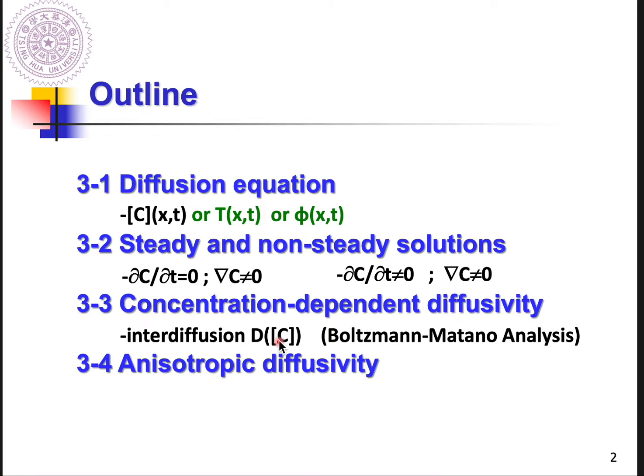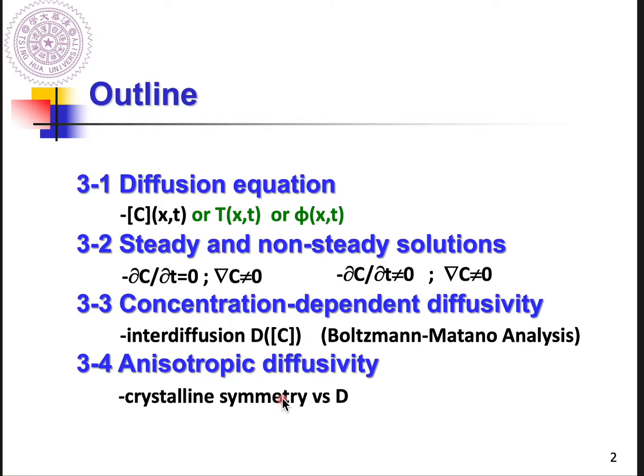And we are going to show you an analysis, which people call the Boltzmann-Matano analysis, to get how the diffusivity changes with concentration of diffusing atoms. And the last section of this part would be the diffusivity. Yes, diffusivity will change with concentration of the diffusing atoms, and also diffusivity will change with crystal structures.